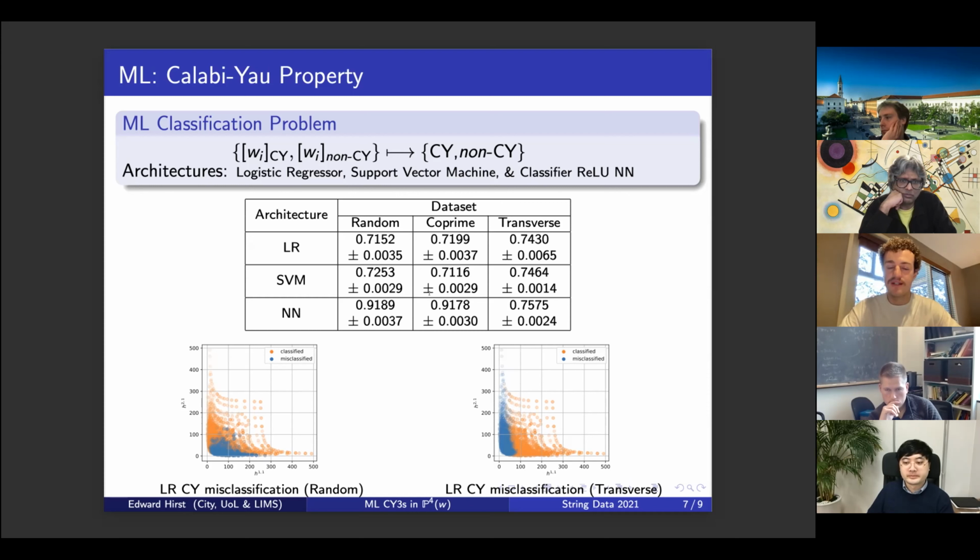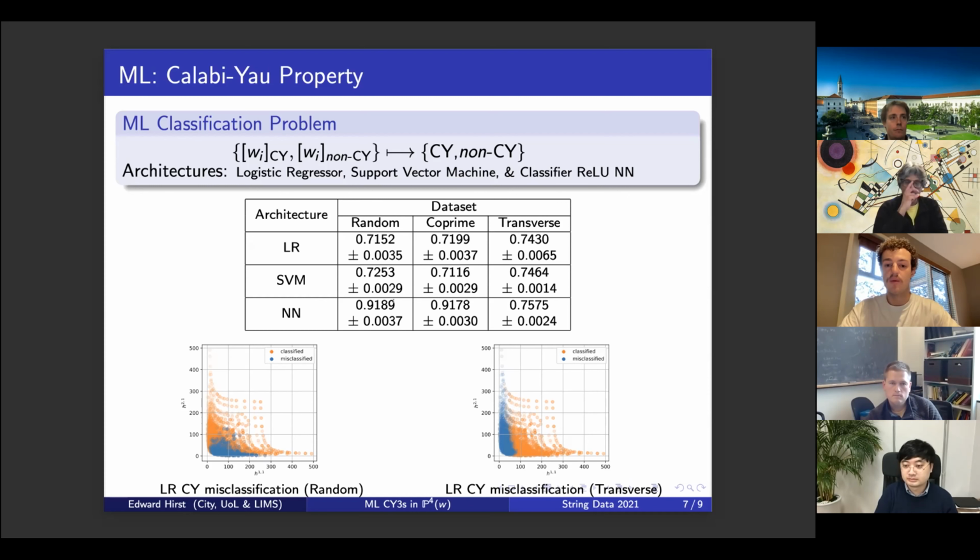So for these results in each of these cases, these are the accuracies for the test data. And in each case, we can see we're getting pretty good performance. Accuracy is always above 70%, so quite good. It's certainly learning some kind of behavior to be able to predict this Calabi-Yau-ness, whether it can be Calabi-Yau can be drawn within the space.